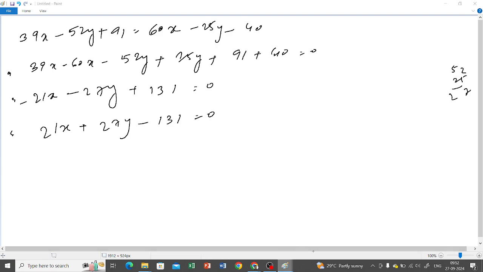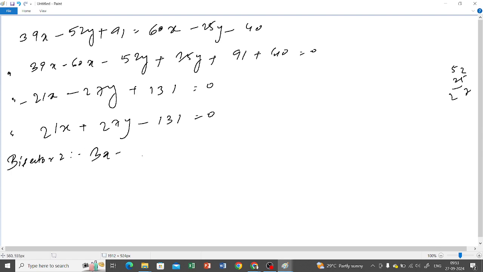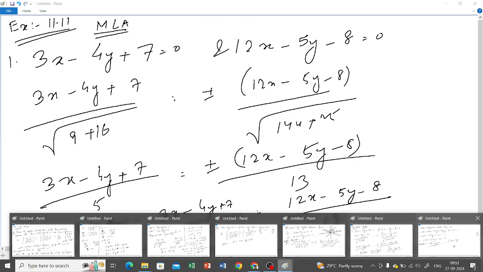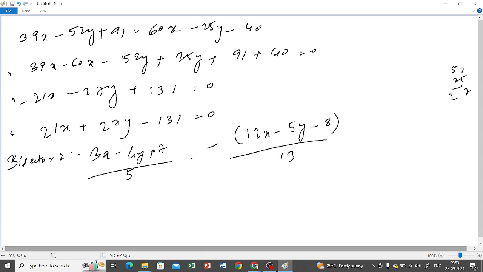Now the second bisector. Next what we have is 3x minus 4y plus 7. Okay, now we need to solve this.